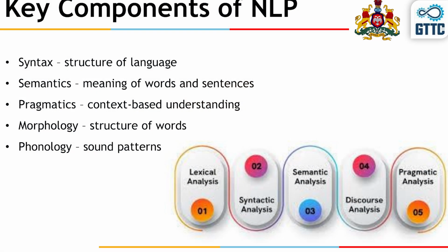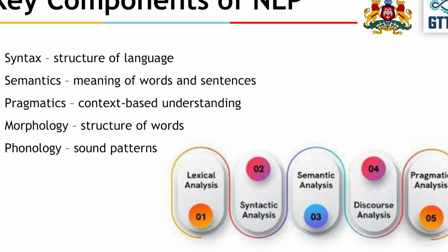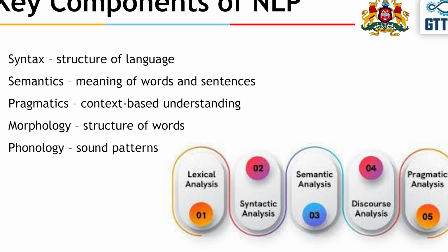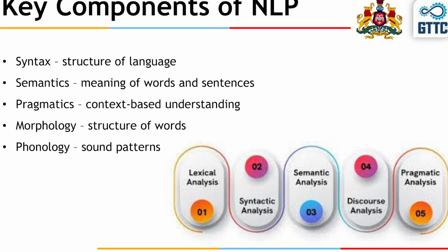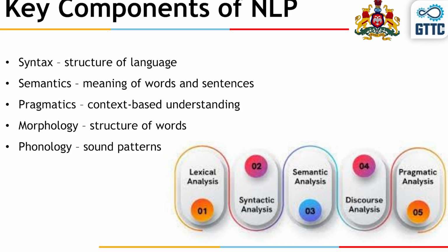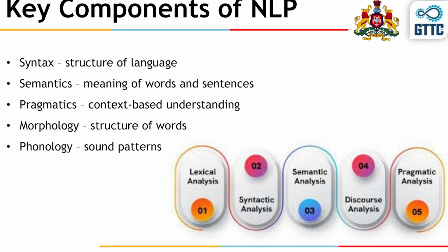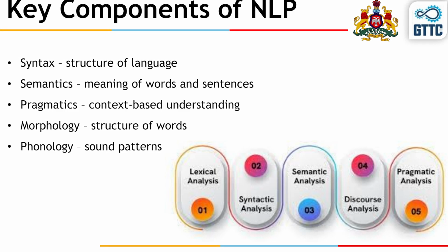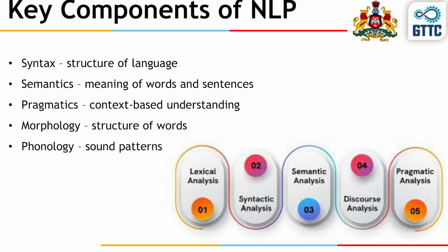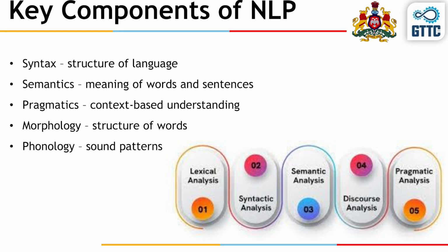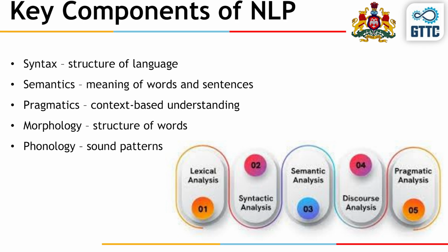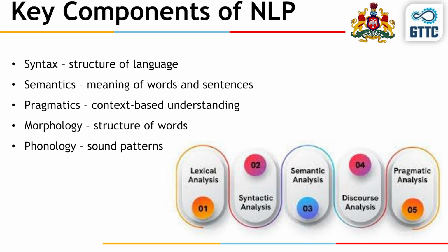What are the key components of natural language processing? That is the next topic that we are discussing. The key components can be grouped into several core areas that work together to help machines to understand the process of human language. The first one is the syntax, that deals with the structure and grammar of the language.